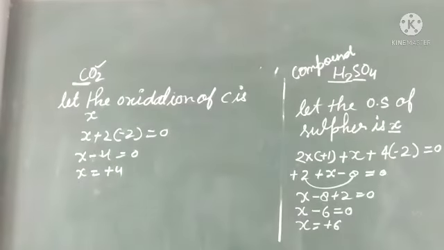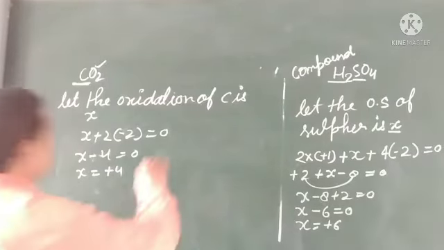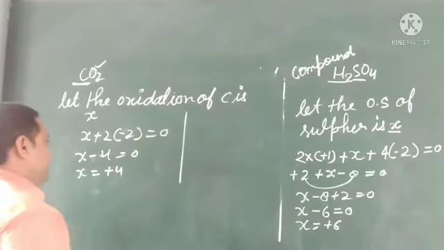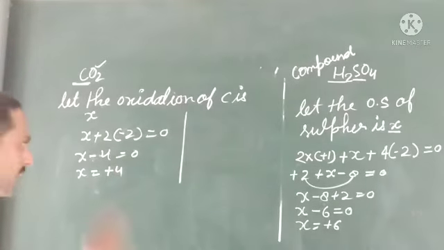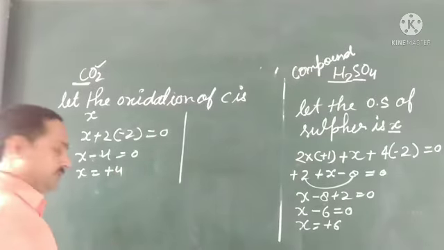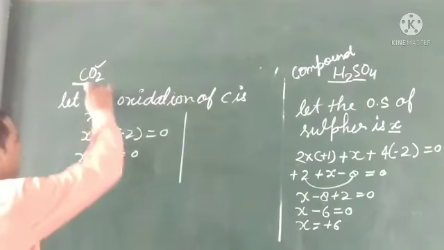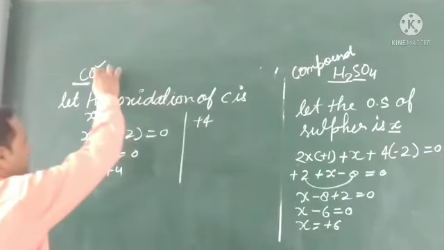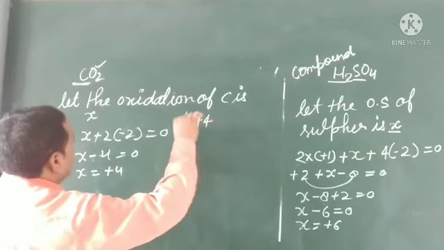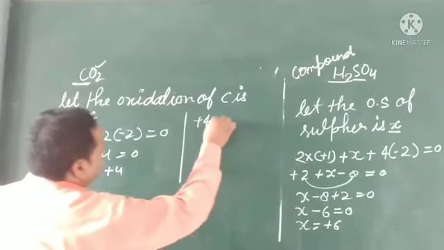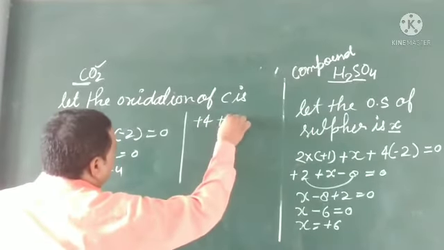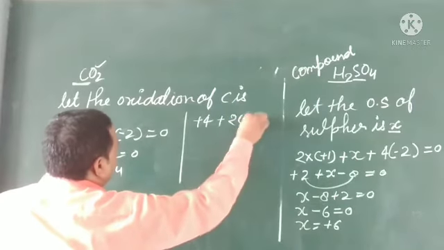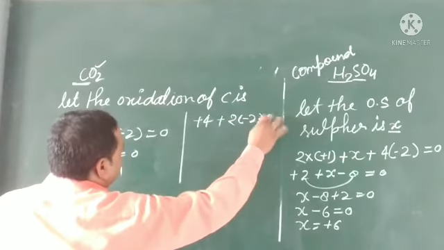Plus 4. This I gave you in case of sum. So the sum of the oxidation numbers must be 0. There I told you to do this. So here the oxidation state of carbon is plus 4, and the number of oxygen is 2, and the oxidation state is this.